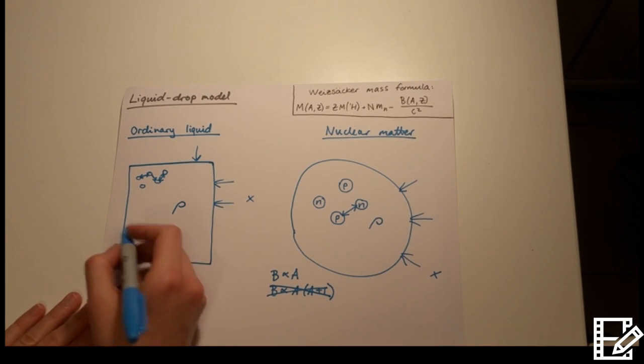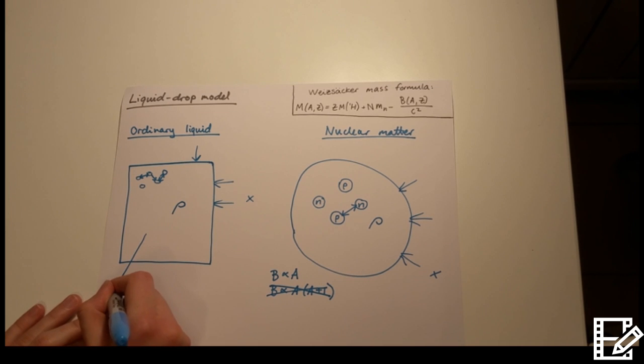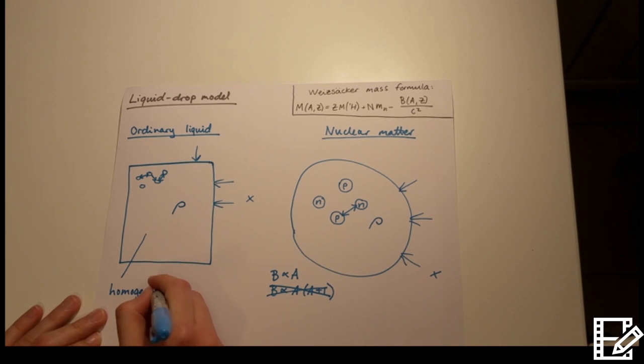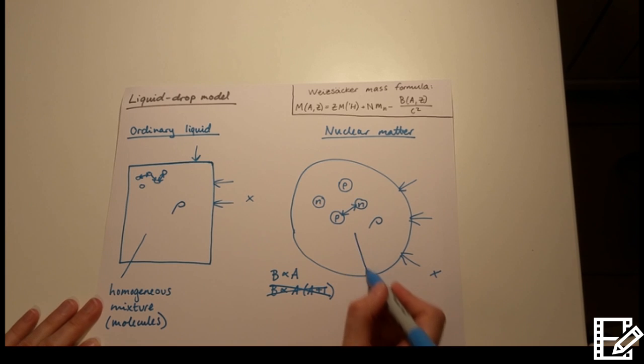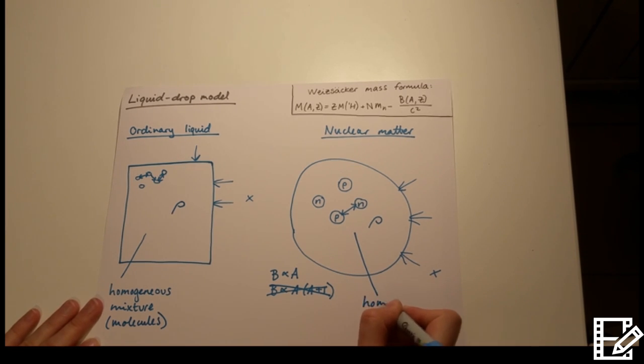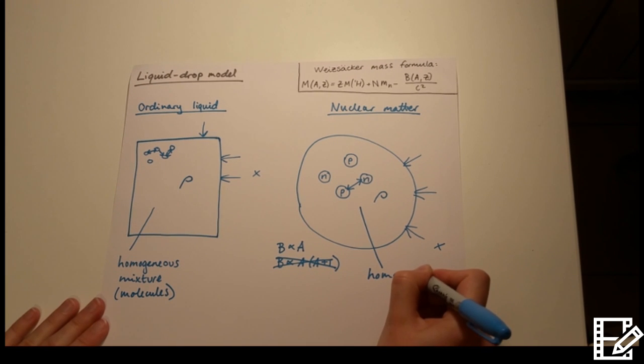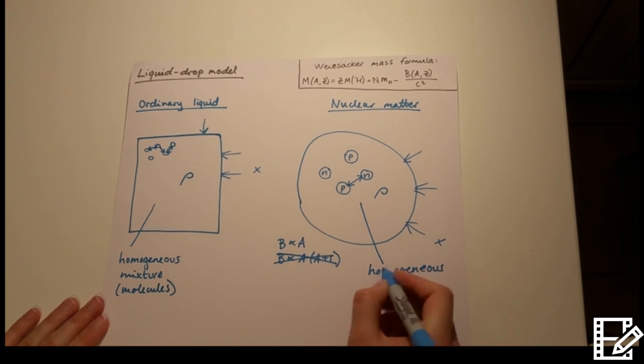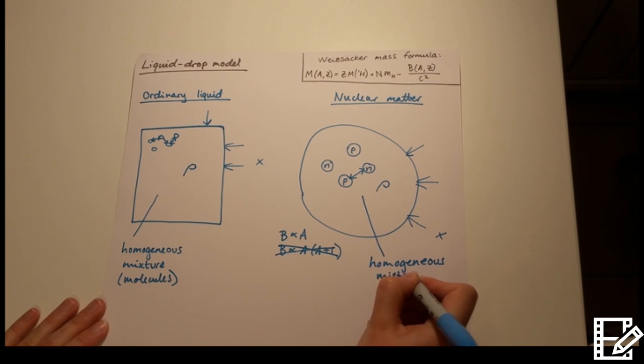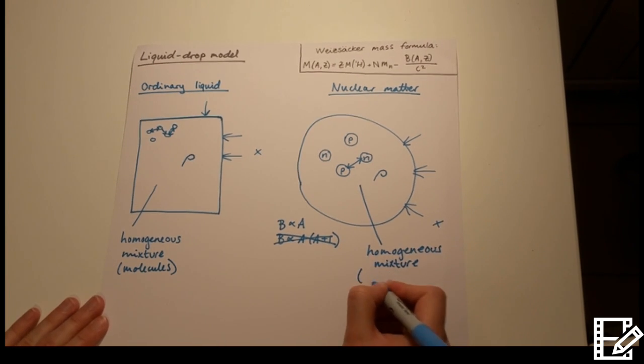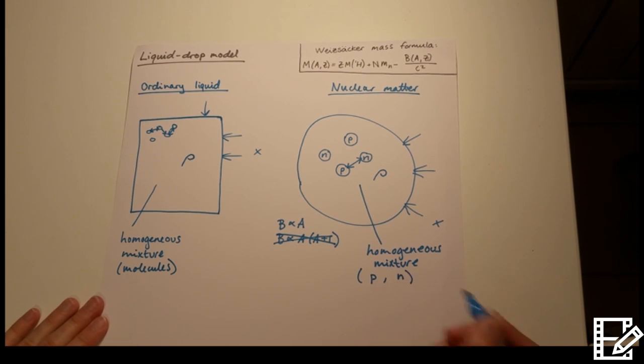We also have a homogeneous, so sort of even, mixture. In this case, it's molecules. In nuclear matter, we also have a homogeneous mixture, but in this case, of course, it's of protons and neutrons.